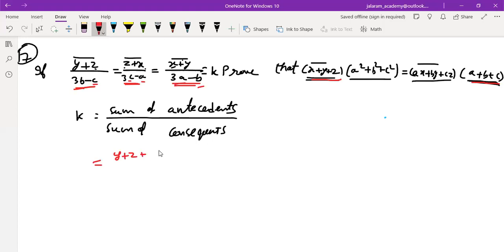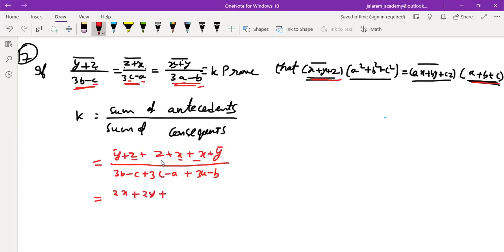First of all, we will do the same thing. k equals y plus z plus z plus x plus x plus y, over the denominator 3b minus c plus 3c minus a plus 3a minus b, equals 2x plus 2y plus 2z over 3a minus a 2a plus 3b minus b 2b plus 3c minus c 2c, equals 2 common into x plus y plus z over 2 common into a plus b plus c.